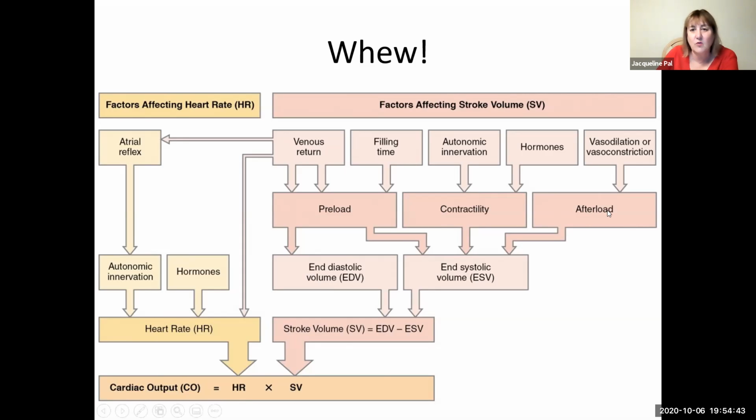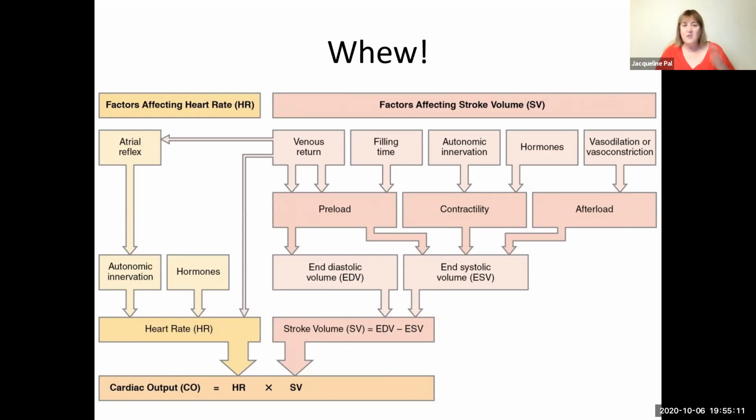So taking those three things, which we already learned about previously, which affects stroke volume, preload affects both end diastolic volume and end systolic volume, whereas contractility and afterload will only affect end systolic volume. And so with those, we can calculate our stroke volume, multiply it by our heart rate, and we end up with our cardiac output. So at this point, we have covered all of this.